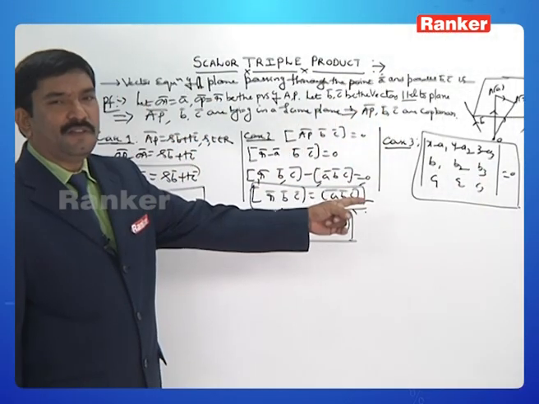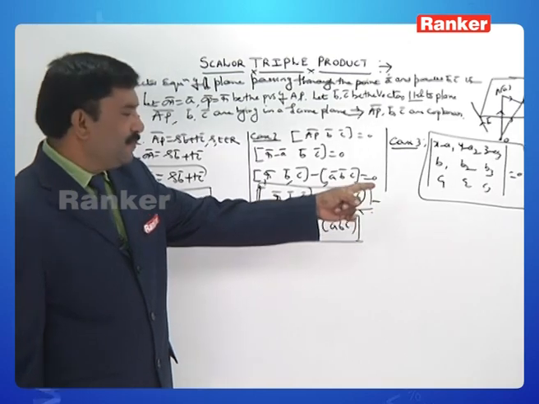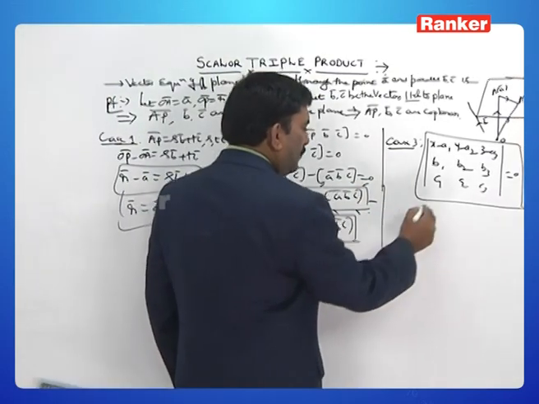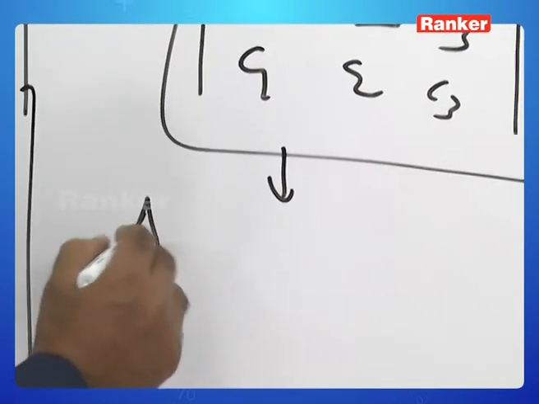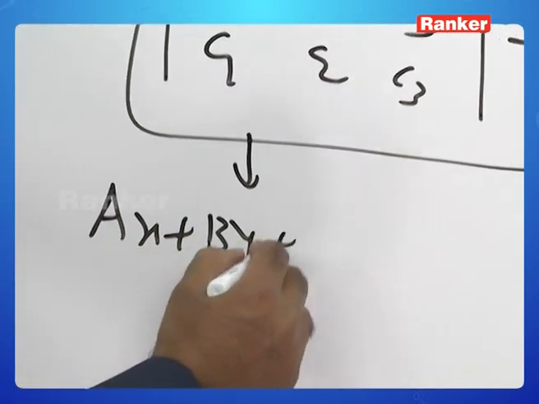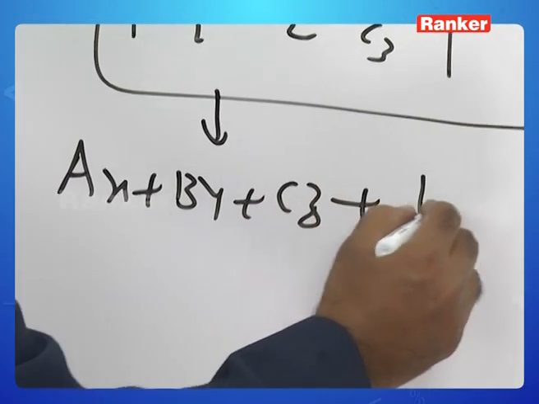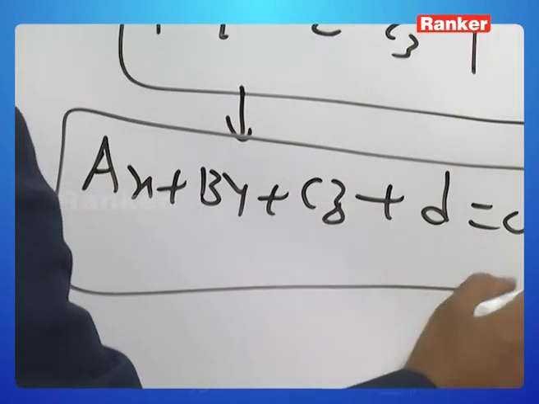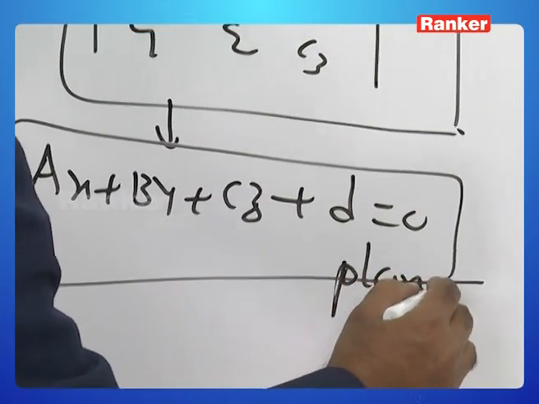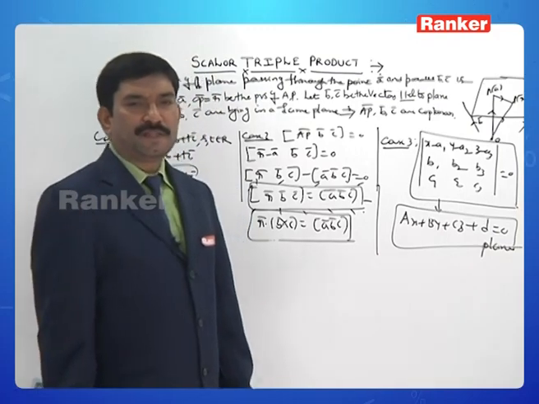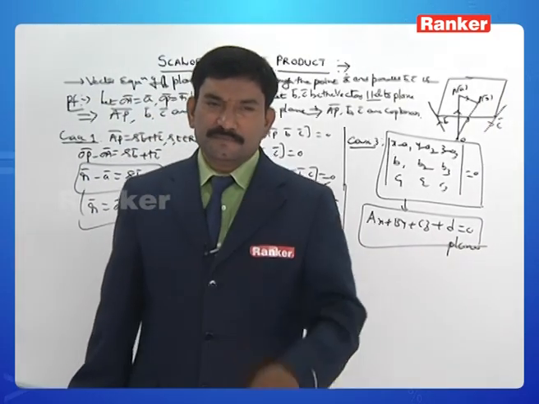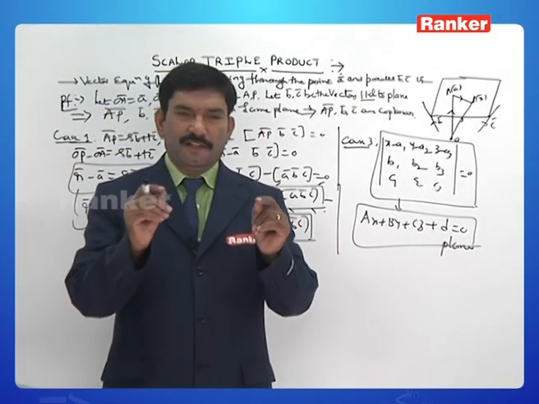Directly it gives the Cartesian equation of a plane, which may lead to AX plus BY plus CZ plus D is equal to 0. This represents a plane equation in terms of X, Y, Z. You see, it is quite interesting.